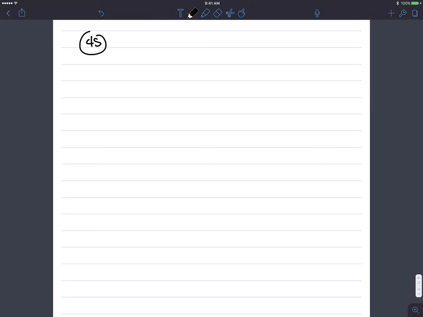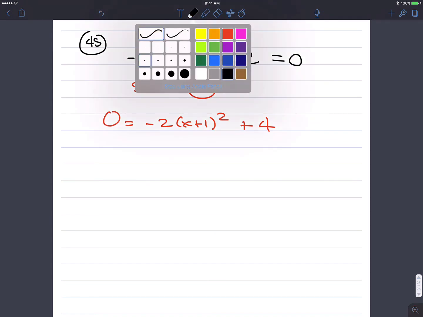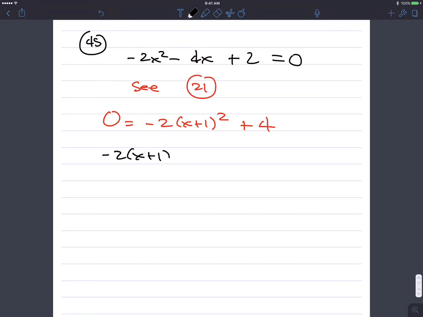It leaves us at 45. And 45 is negative 2x squared minus 4x plus 2 is 0. And if memory serves, see number 21. We already completed the square here. So it looks like we got y equals negative 2 times x plus 1 squared plus 4 in this case. We're replacing y now here with 0 because that's what it is. We get this equation that we can solve.